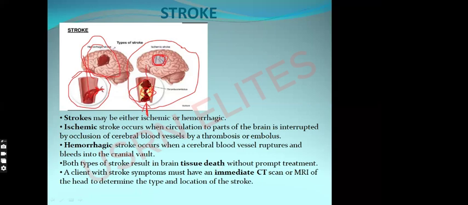Of course, with a hemorrhagic stroke, if this part has been severed, the distal part is not receiving any blood, which means those brain tissues in the distal parts will not get oxygen and will die with time. So both types result in brain tissue death without prompt treatment.